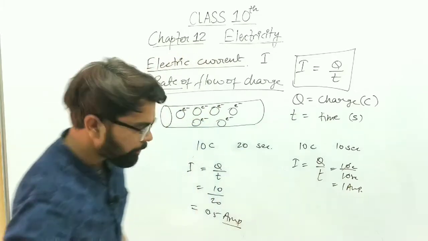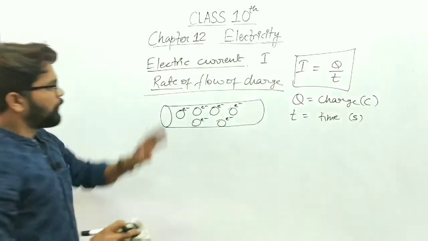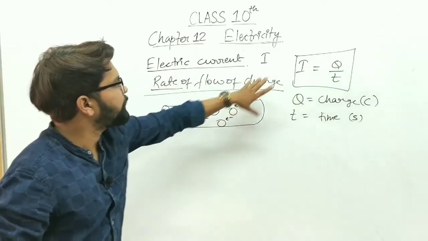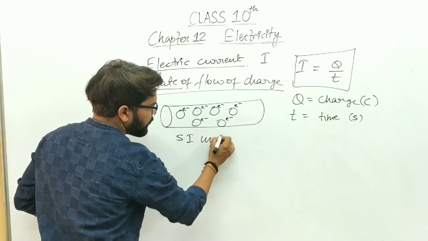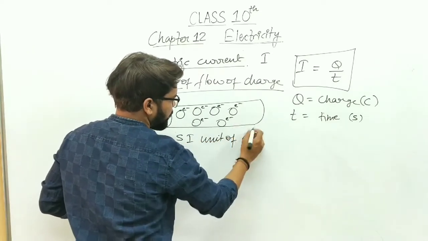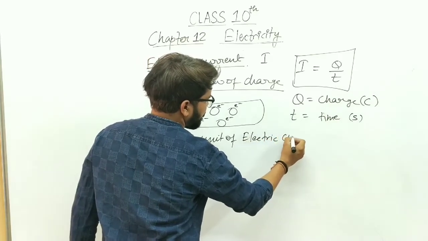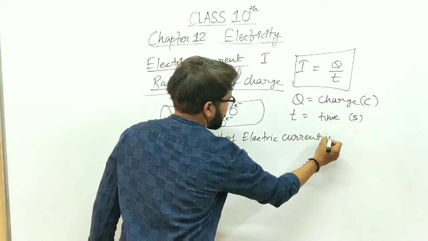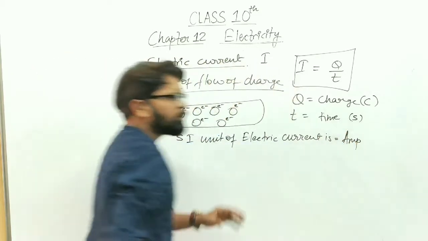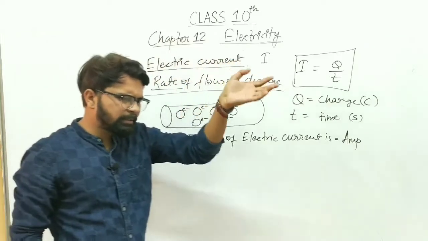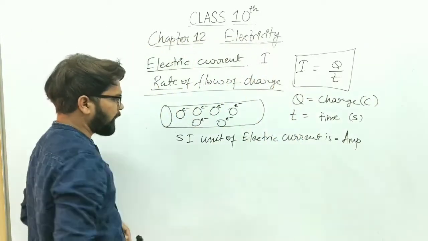Now you all know that the rate of flow of charge is called current. Now again, the SI unit of electric current is the ampere, because around the 1870s it was invented by Andre-Marie Ampere, so it is defined by the name of that ampere.